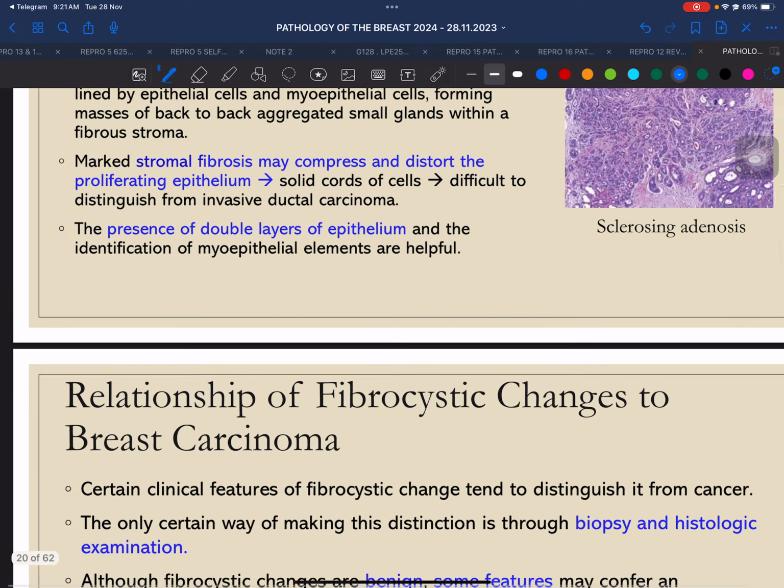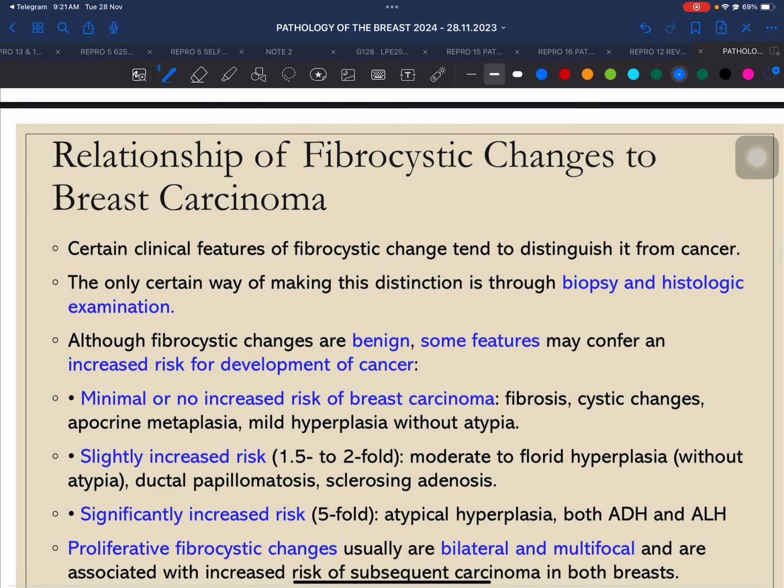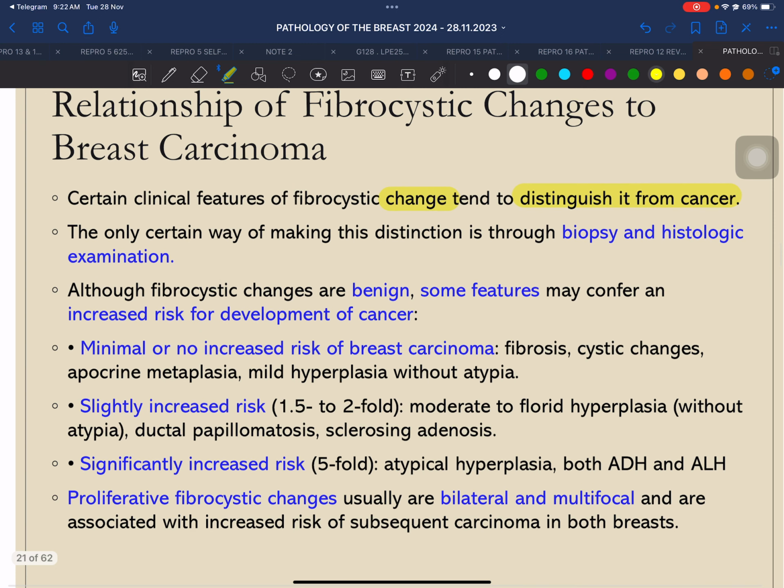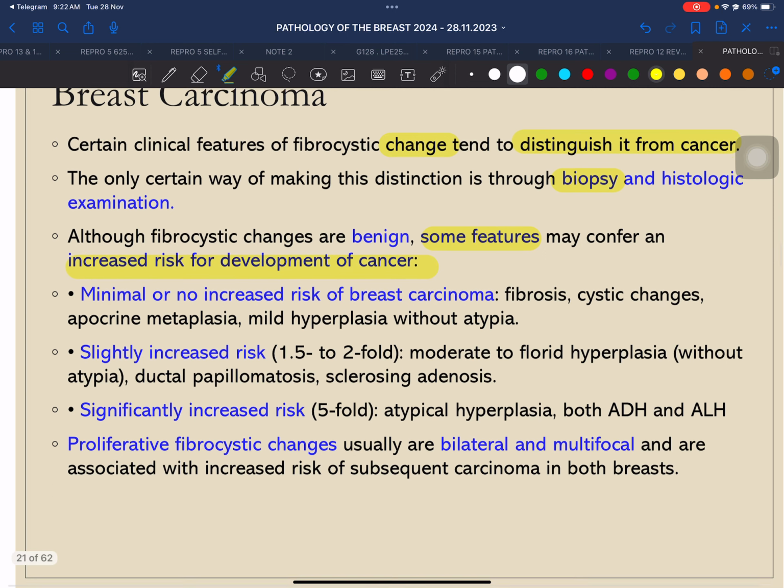So the relationship of these fibrocystic changes to breast cancer is that there is a risk associated with the proliferative type of fibrocystic change. When there is just fibrosis with some cystic changes and a little bit of hyperplasia without atypical changes, there is minimal to no increased risk of breast cancer.